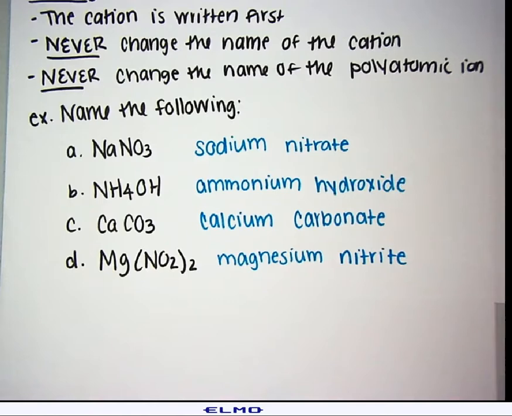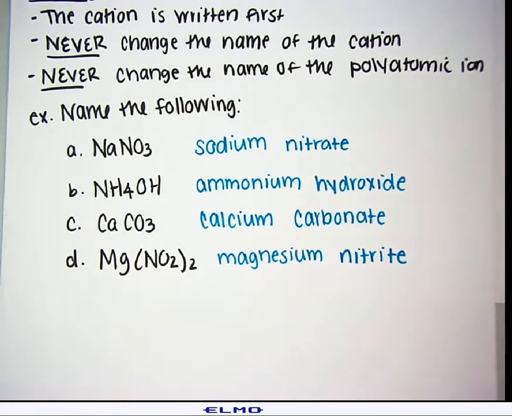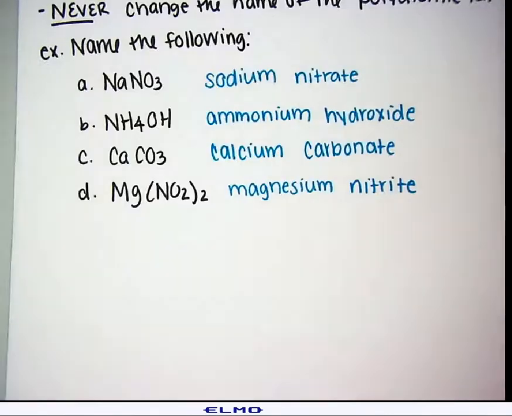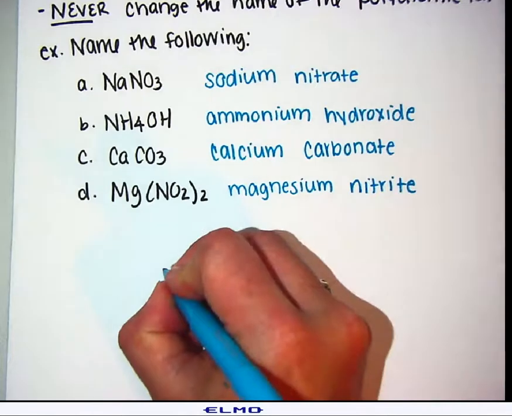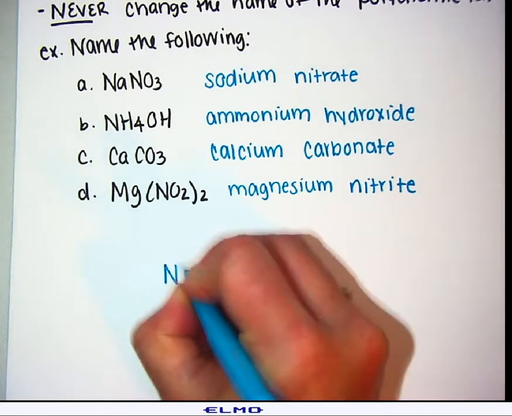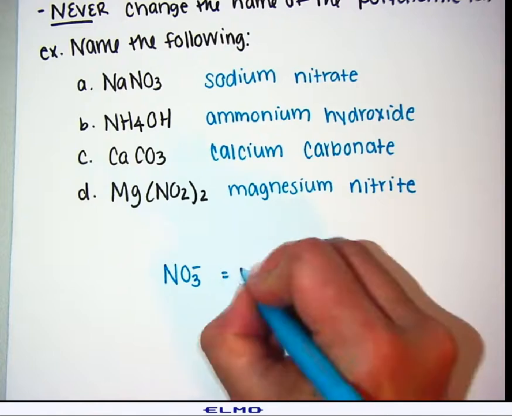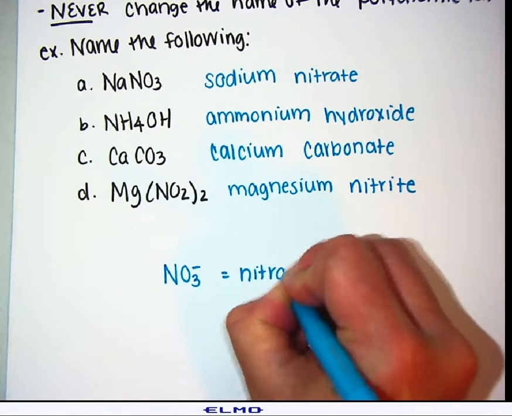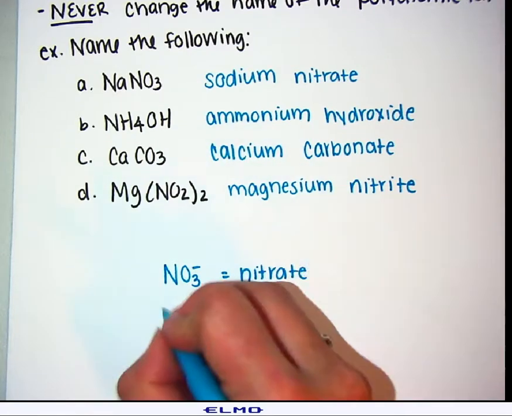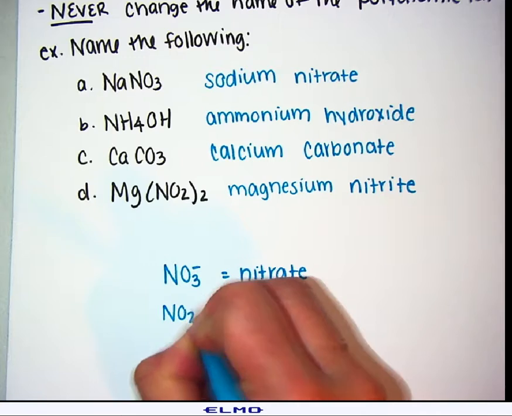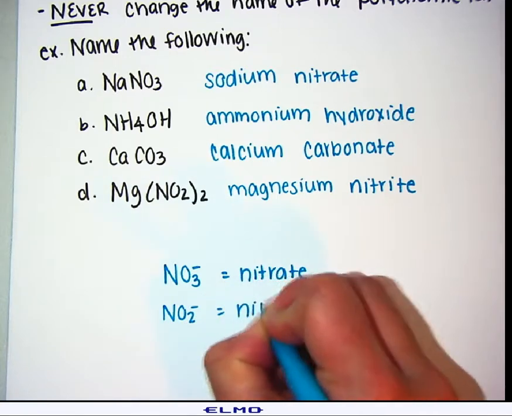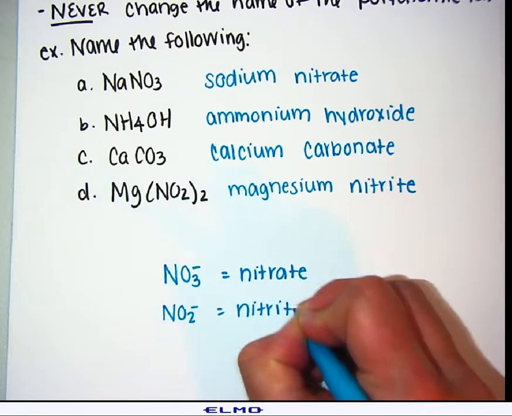Last thing to mention, you do need to be very careful with spelling because spelling does count. For example, NO3 is nitrate, while NO2 is nitrite.